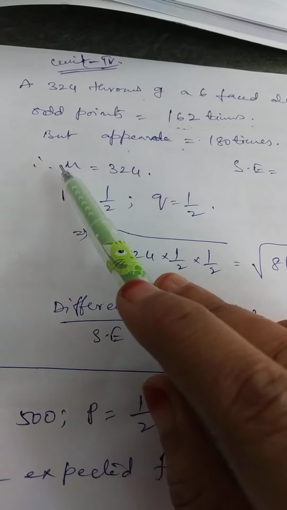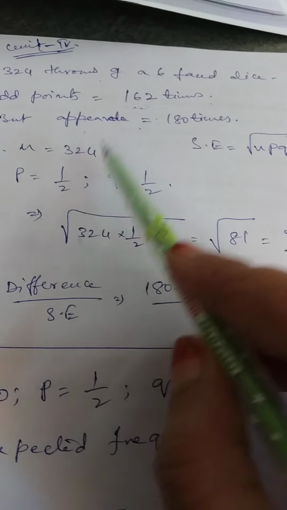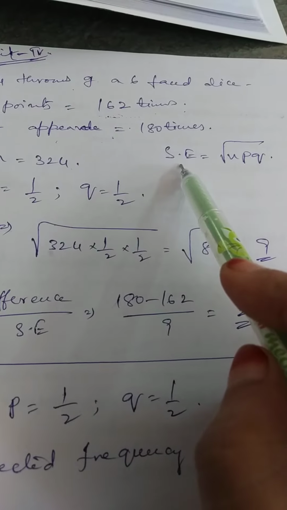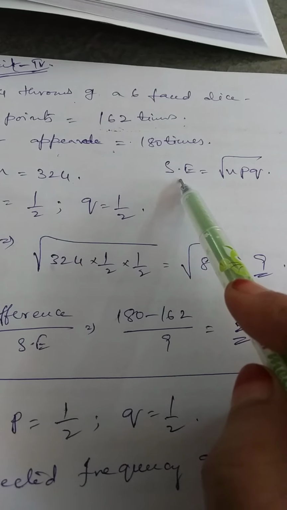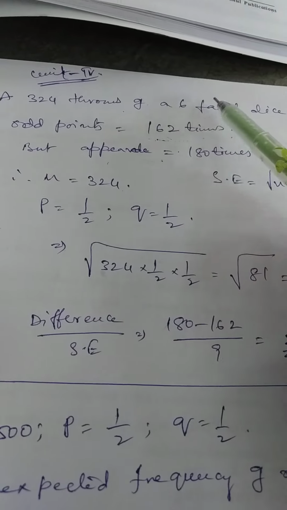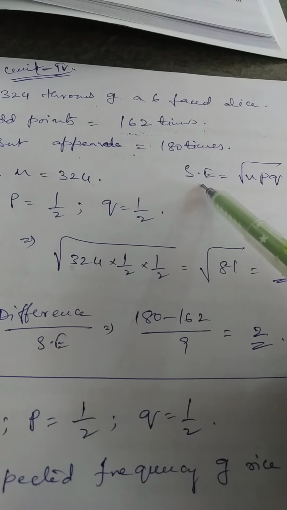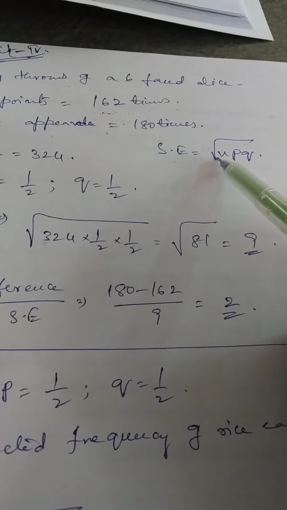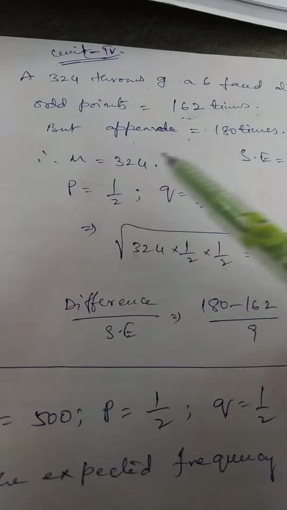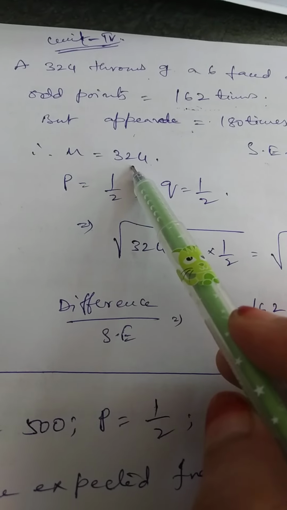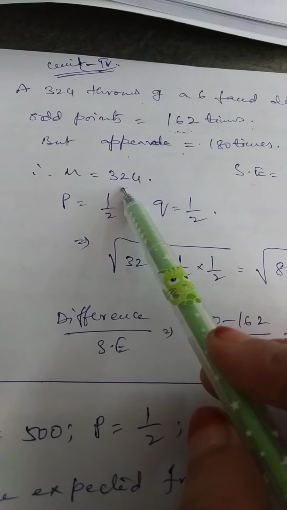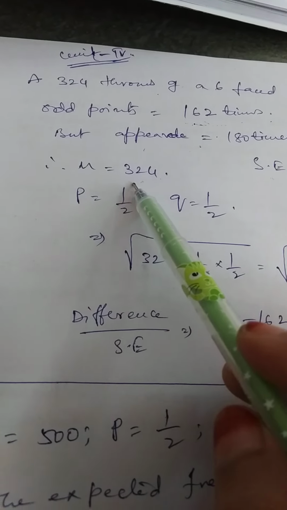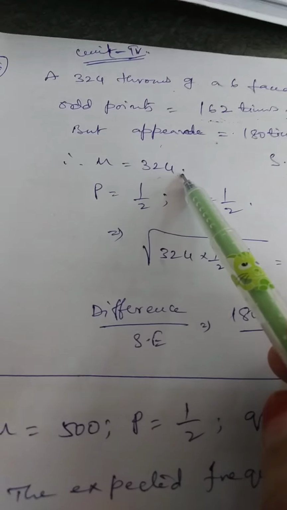So now your n is equal to 324. Always do remember, girls, whenever you are calculating any problem in statistics or mathematics, before your calculation starts, you have to write the given information and write the formula. Standard error is equal to square root of NPQ. Here n is equal to the number of items, the number of times your dice was thrown, that is n is equal to 324 times.